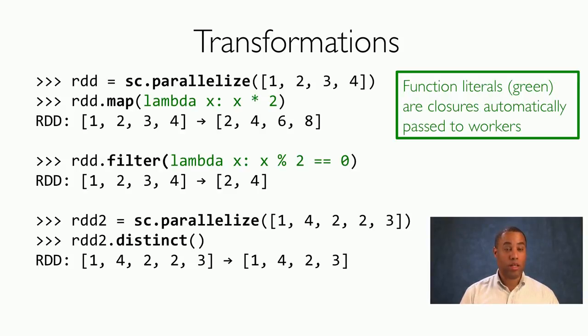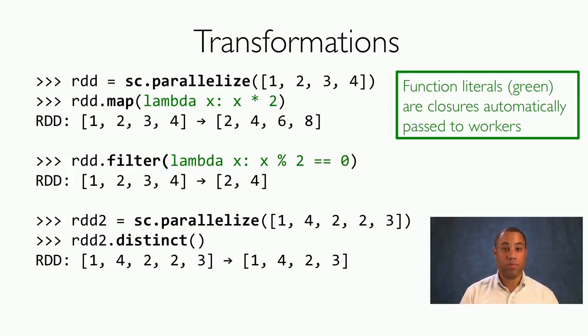So the code in black runs at the driver, the code in green runs at individual workers. So what will happen here is it'll take the RDD 1, 2, 3, 4, and it'll transform it into 2, 4, 6, 8.